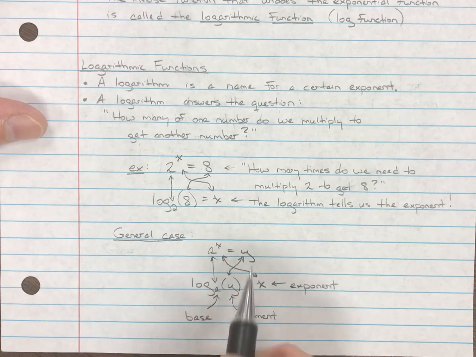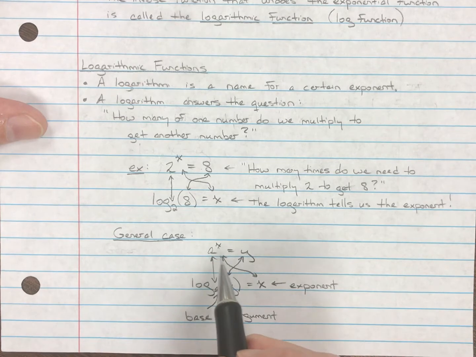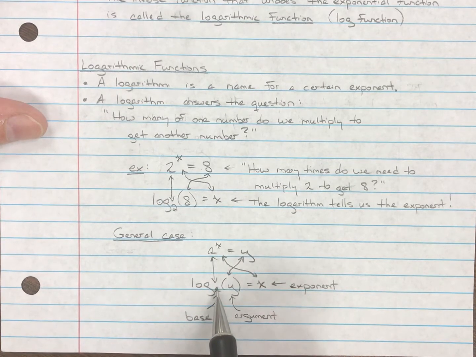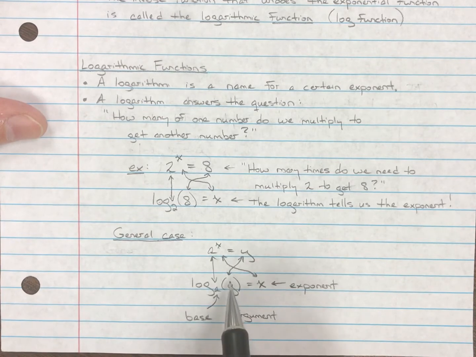In this form down here, vocabulary: a is the base, which is nice because a is the base in the exponential form. It's a little bit lower, below the line that has the log and the y in it. The number or the expression in parentheses after the base is called the argument.